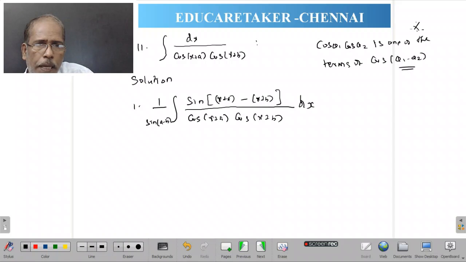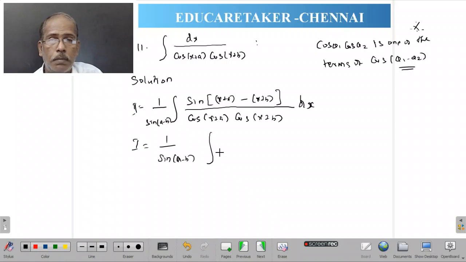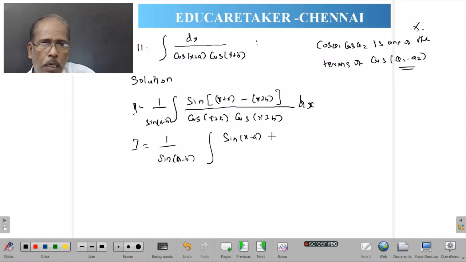So let us expand the numerator. This is I equals 1 over sine of a minus b, integral of the expanded numerator: sine of a minus b is sine a cos b minus cos a sine b, that is, sine of the first angle x plus a and cos of the second angle x plus b, minus cos of the first angle x plus a and sine of the second angle x plus b.